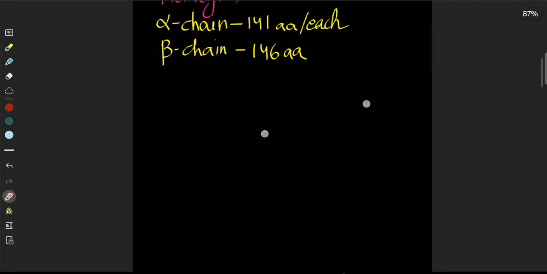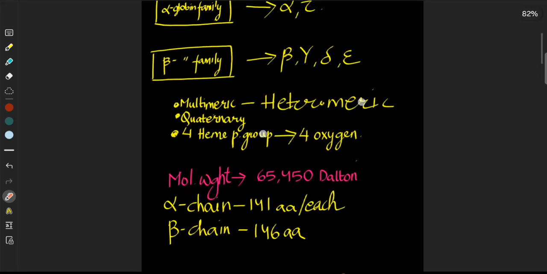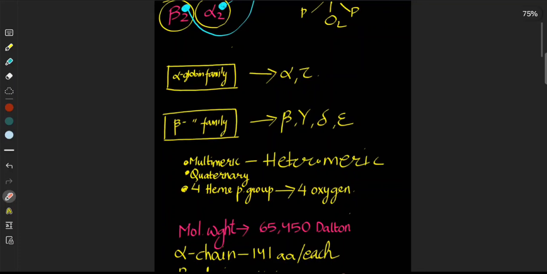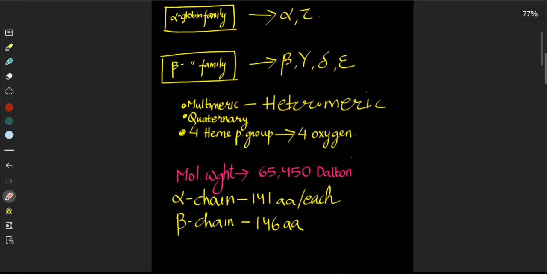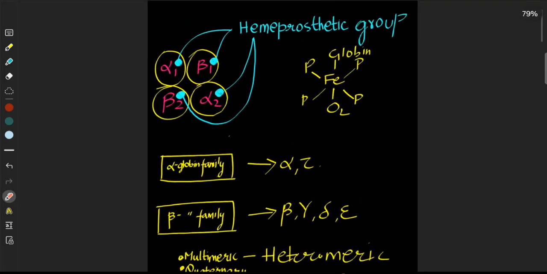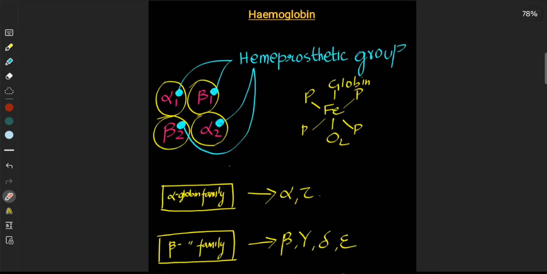And then also the different types of globin chains present in hemoglobin, why it is called a multimeric protein, what its molecular weight is, and how many amino acids each alpha and beta chain consists of, right? And then also how many heme prosthetic groups are present, and how many oxygens will be bound to that particular heme prosthetic group, right?